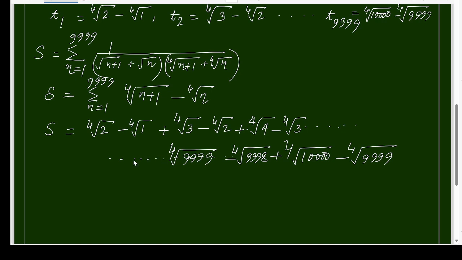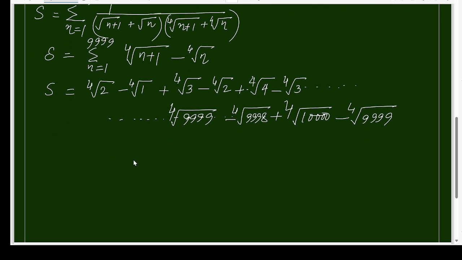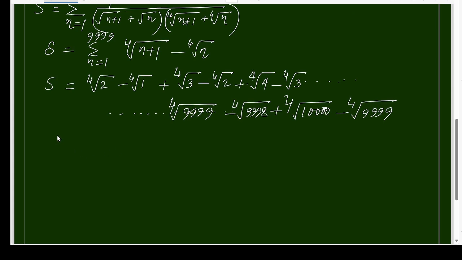So instead of writing all the terms, if you understand, you have to write this meaningful expression. Then we'll cancel: these two will be cancelled, then this will be cancelled. So what will remain? This will remain, and this will remain.